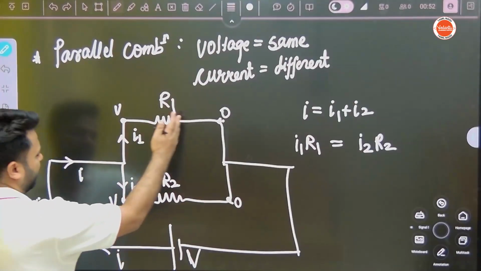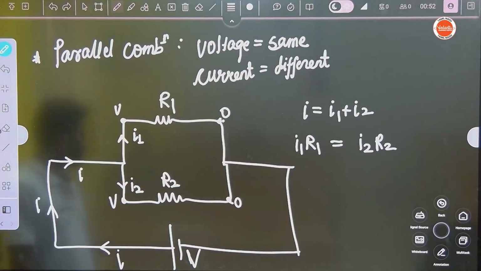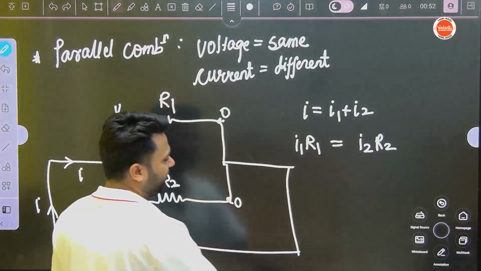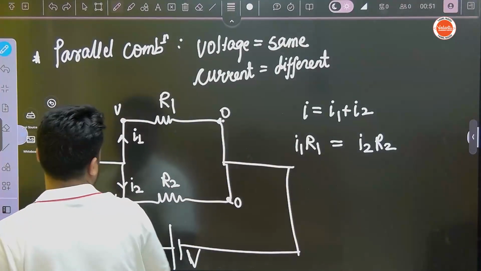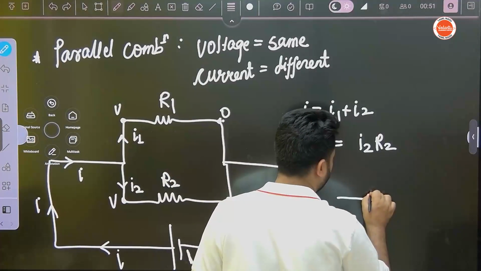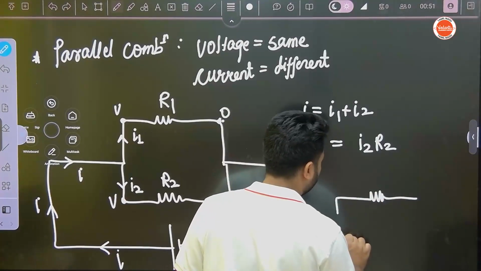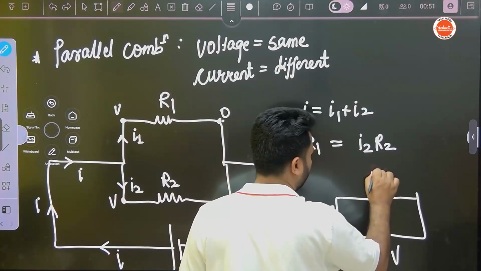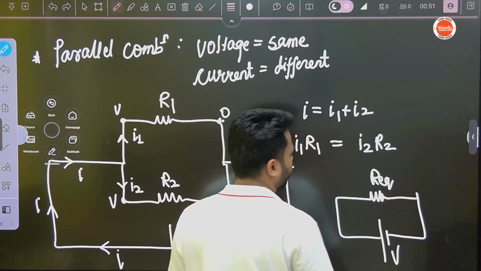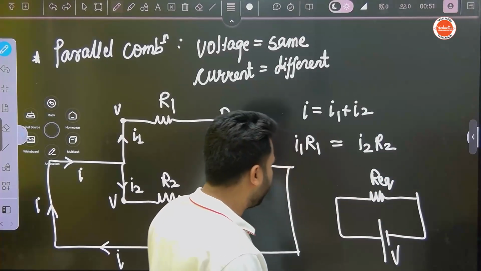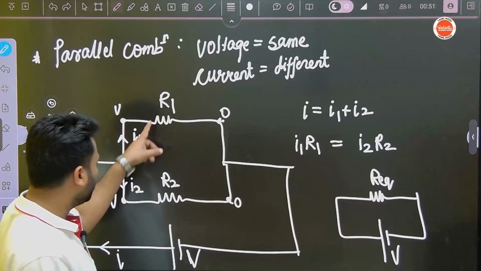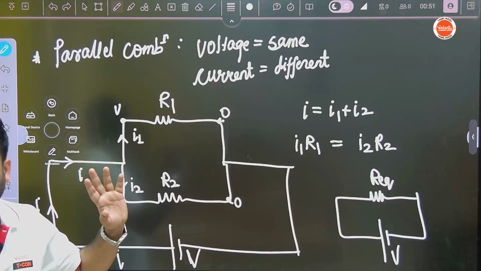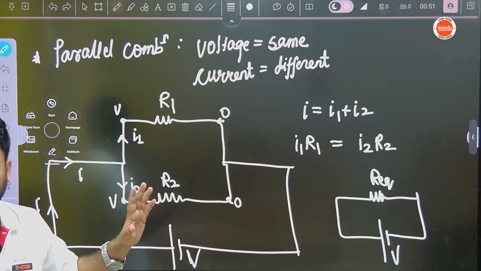If we replace by a single resistor in this situation, then what will be R equivalent? Always remember, if two resistors are parallel, because most commonly two resistors are in parallel.